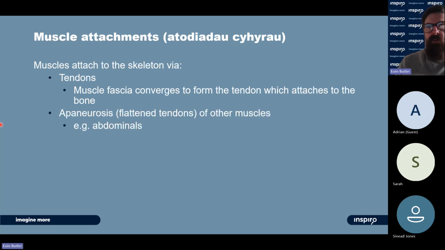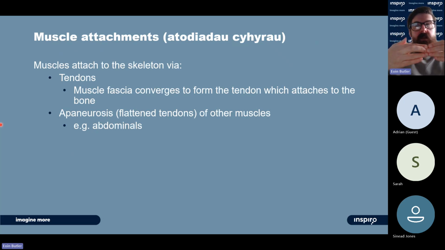We've also got aponeurosis. These are flattened tendons of other muscles. For example, with the abdominals, if we think about the abdominals as being our 8-pack, we've got two that sit beside each other, another two underneath, another two underneath, and another two underneath. For those muscles to stay together, we've got what's called aponeurosis.